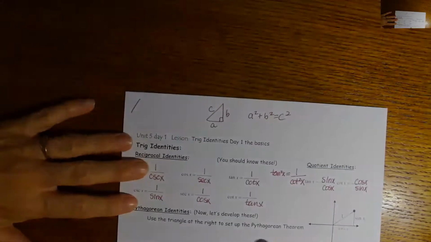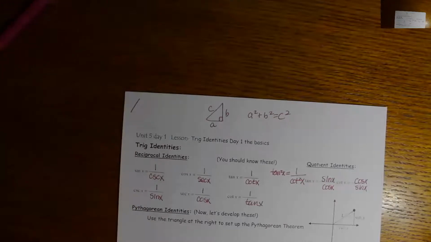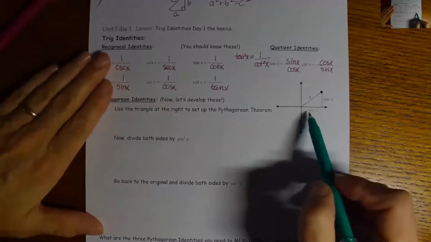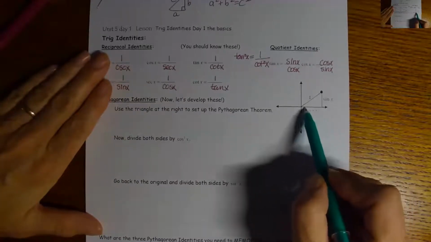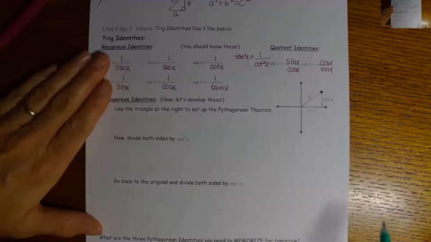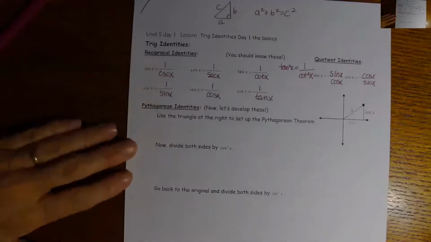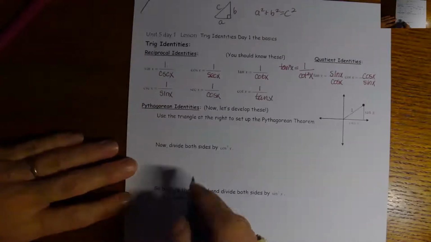This is very familiar to you. You've been doing that your whole life, or at least since you can remember. We're going to do that over here, except you all know that in our point xy, x is cosine, sine is y. So what is our Pythagorean theorem going to look like here?